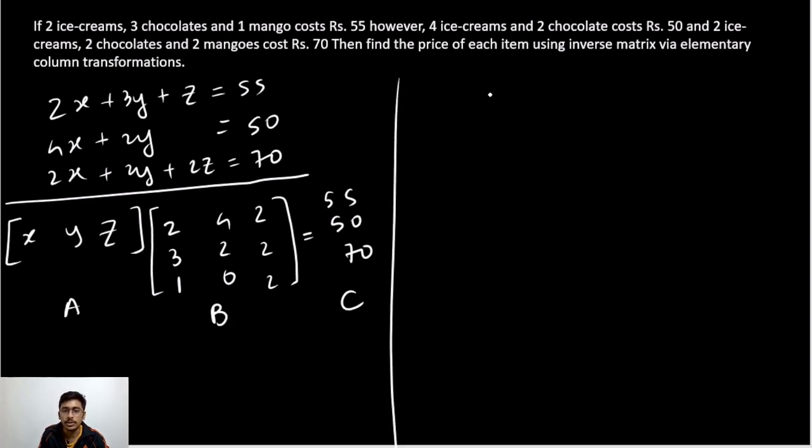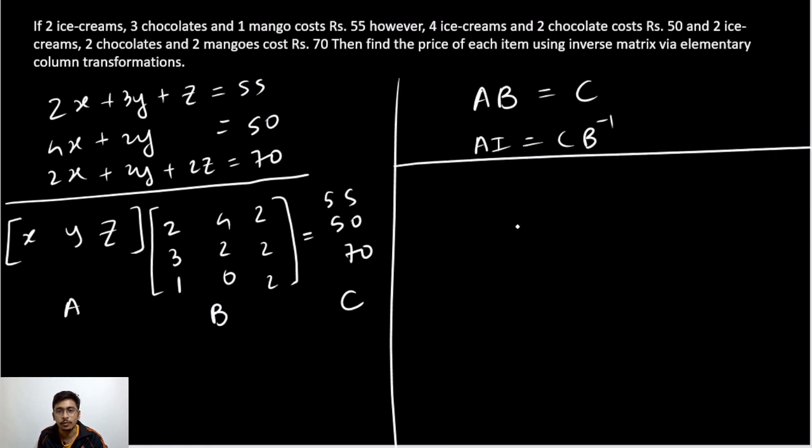And what we want to do is find out A. So A into B is equal to C. To find A, we want to post multiply it with B inverse. So we want A into I is equal to C into B inverse. So that is how we can find A. Either we can find B inverse individually, then multiply it with C to get our A matrix. So let's do that.